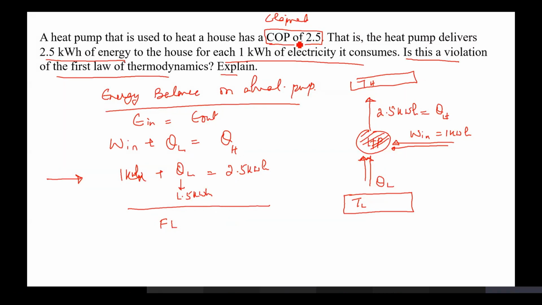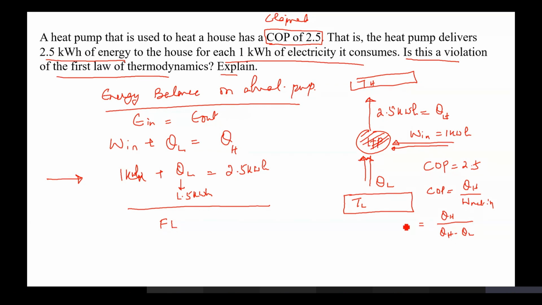All right. Now, I have been given COP as 2.5. COP for a heat pump is QH divided by work net in. And work net in is QH minus QL.